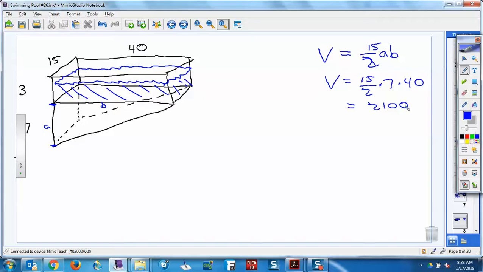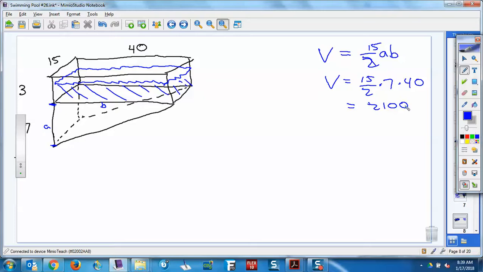The first bit of water that goes in, isn't the pool going to fill pretty fast? But then as it starts spreading this way, more and more of the water is going to spread this way. So the height's going to go pretty fast in the beginning, and it's going to slow down. And then what happens when it gets to here? Now it'll stay the same the rest of the time. So once it gets up here, it's going to be rising at the same rate the rest of the time.